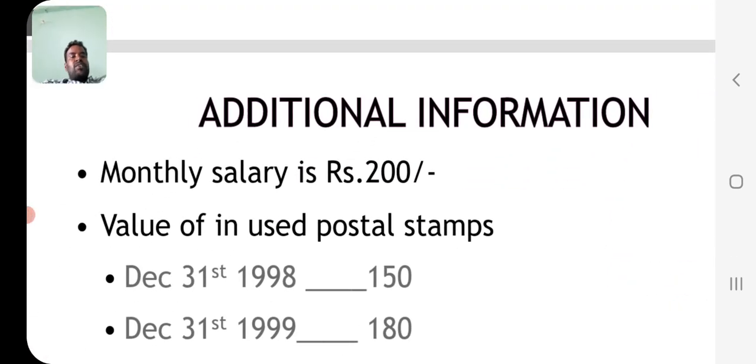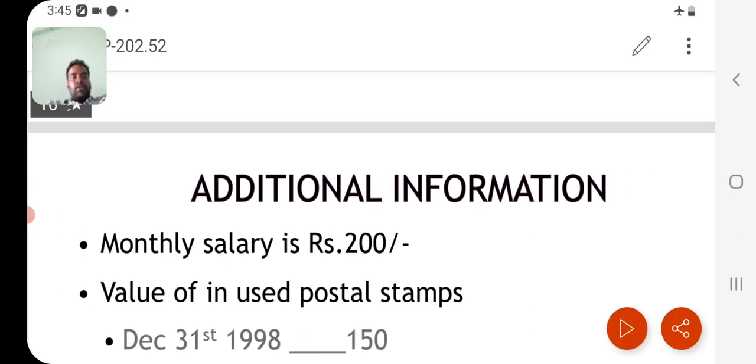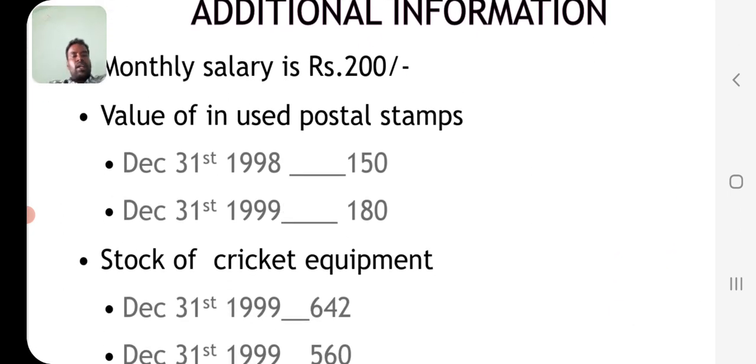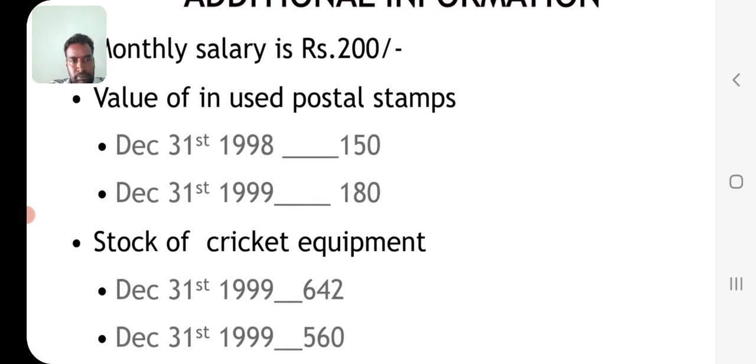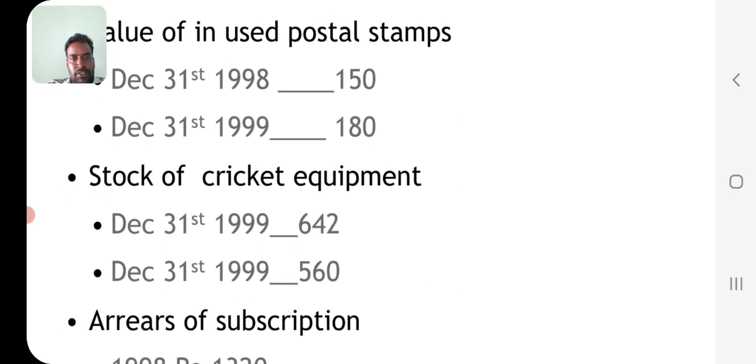The additional information is given here. See here, monthly salary is 200, value of unused postal stamps: 98, 150; 99, 180. So 150 is taken in the opening balance sheet, that is, it is used to find the capital fund, whereas 180 is posted in the closing balance sheet.